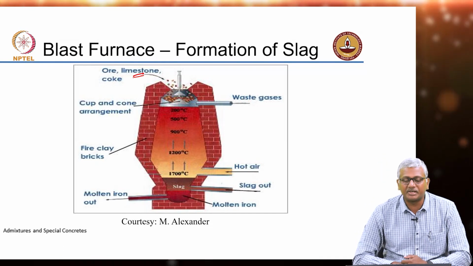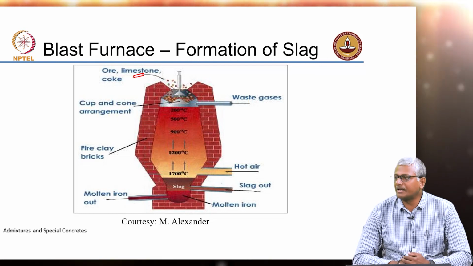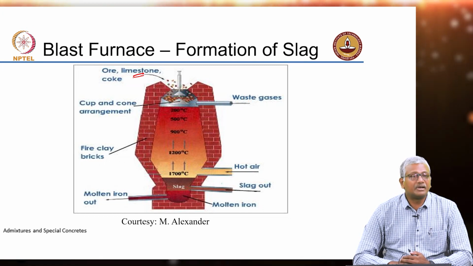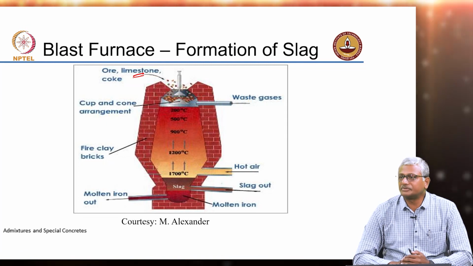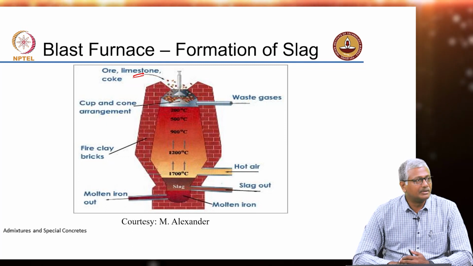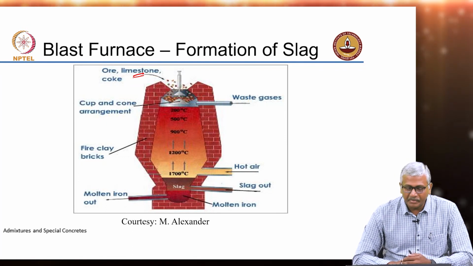All you are doing is heating the iron ore at a very high temperature. It reduces the temperature of melting of the iron. So, it is a fluxing material. It reduces the temperature of the melting of the iron.